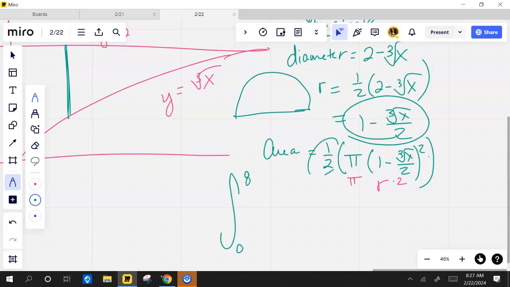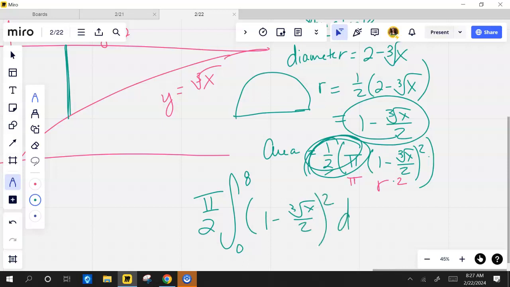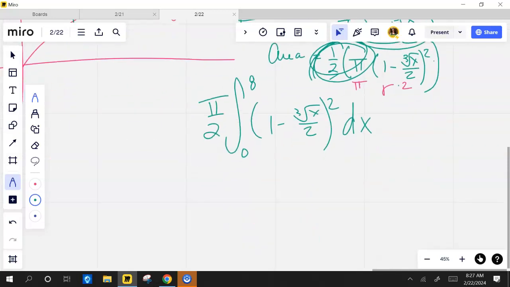I'm going to put 1/2 times pi on the outside. Pi over 2 on the outside. Inside, I'm going to do 1 minus cube root of x over 2 squared, and I'm going to go ahead and use my calculator to find this.